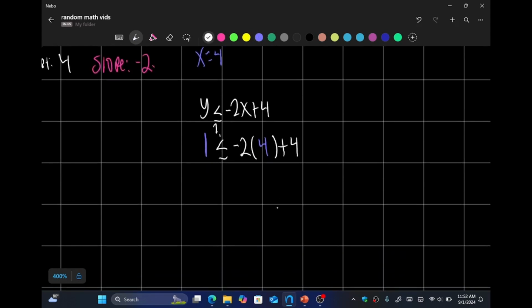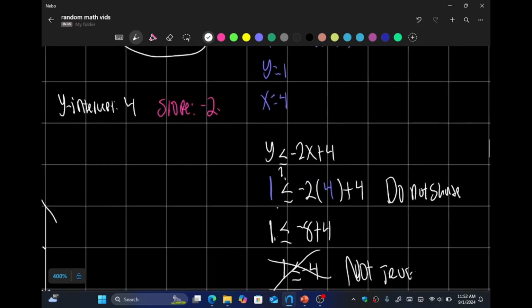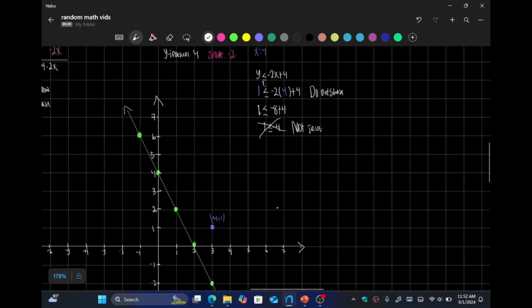So we would say 1 less than or equal to negative 8 plus 4. 1 is less than or equal to negative 4. This is not true. So do not shade on the right side.